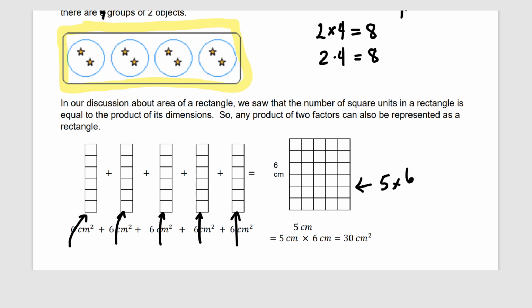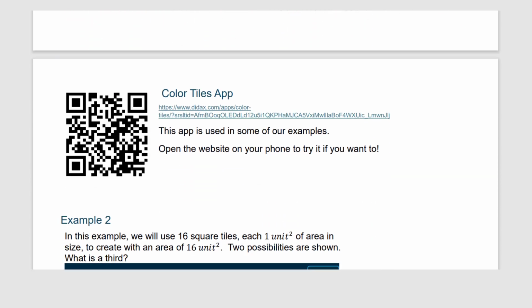And that has an area of 30 square centimeters. So the dimensions of the rectangle represent the factors, and the area that results is the product of the 2 factors. So that's another model that we can use to represent multiplication.